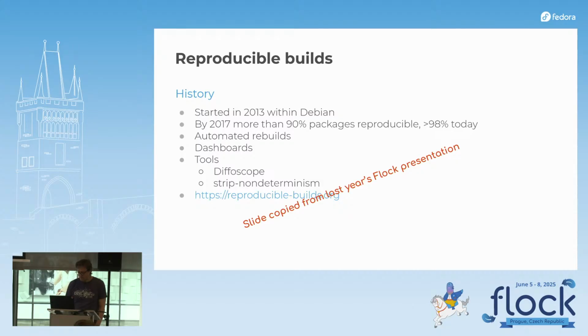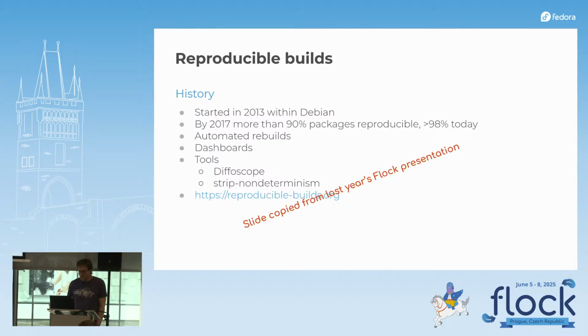Depending on how you look at it, they have 90% reproducibility today. They say 98, but it's in a very, very special definition. They automate their builds, they have dashboards, they have tooling. I'll be talking about some of that tooling later on.